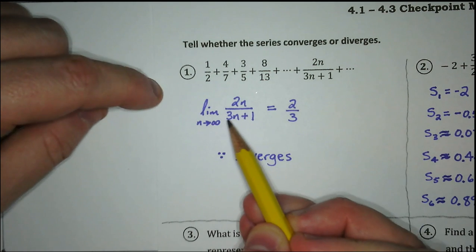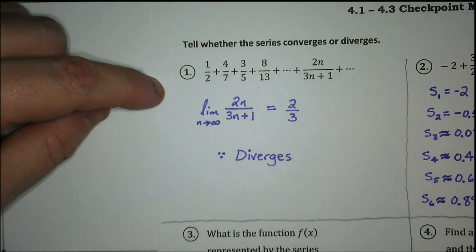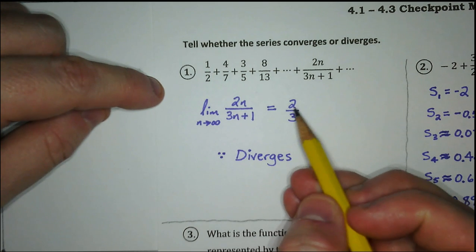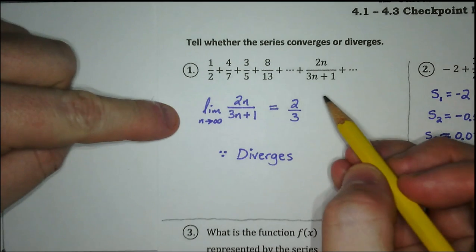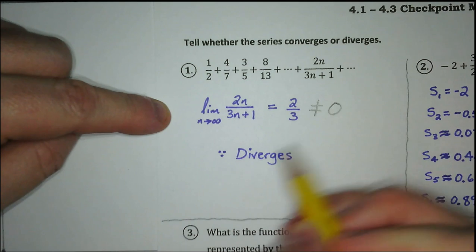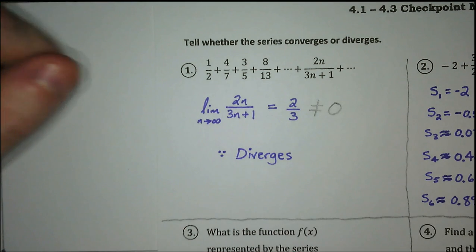So when you actually take this limit, which you guys have been doing ever since you first met Mrs. Clute, you just take this limit, and since we got something that was not 0, then we automatically know it has to diverge. It has no chance of converging.